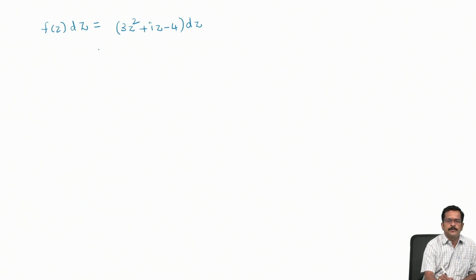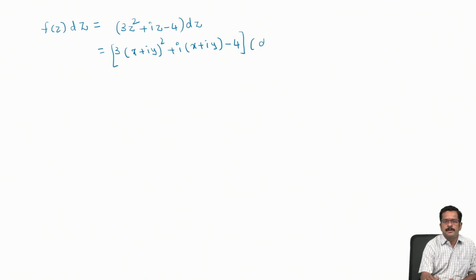So which is equals to 3 into (x plus iy) whole square plus i into (x plus iy) minus 4, into dz, which is dx plus i dy.